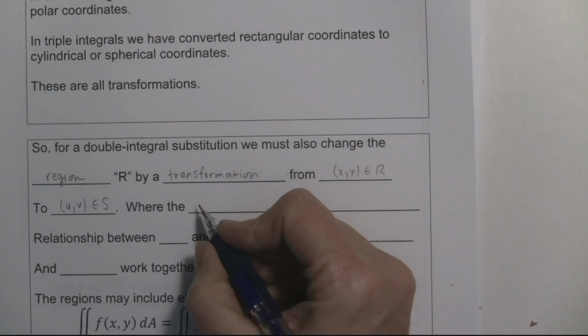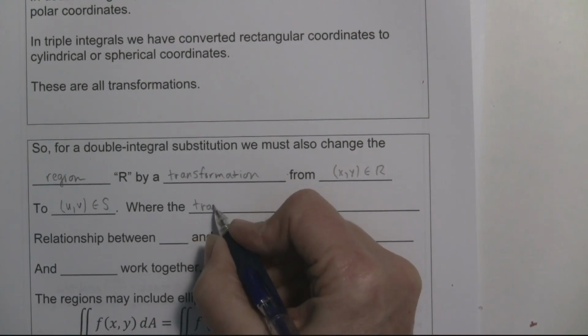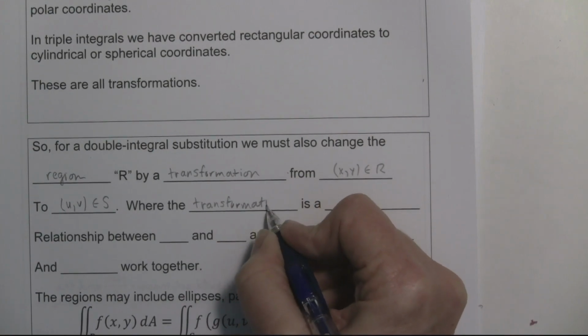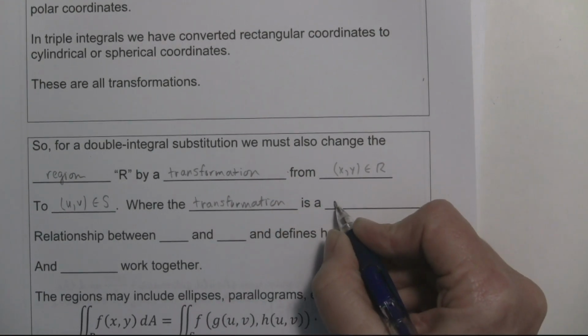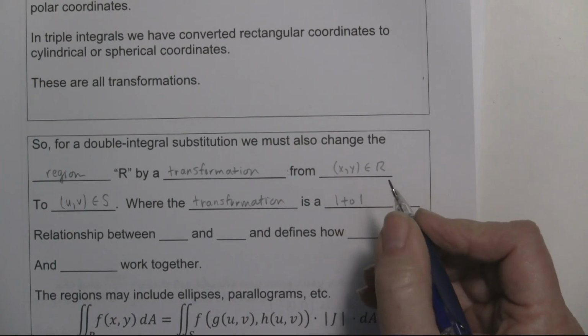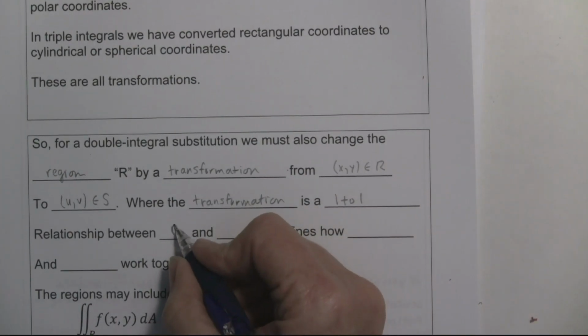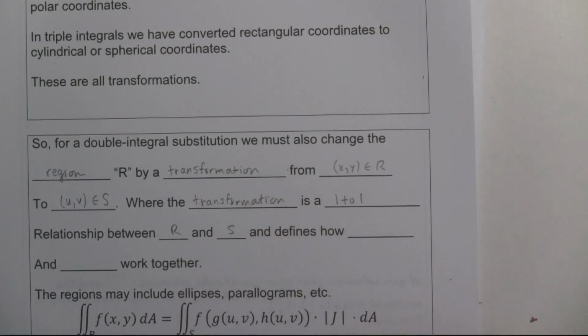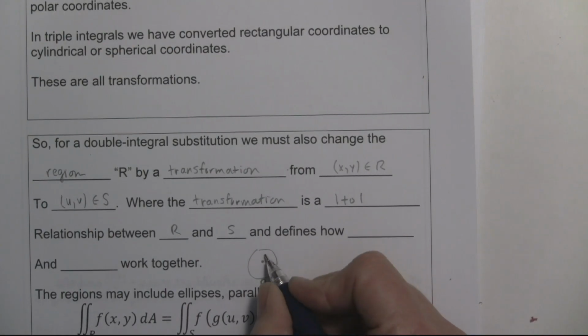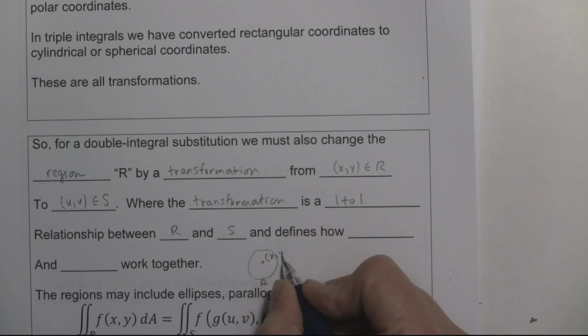And the thing about this transformation is that there is a one-to-one relationship between R and S. So it gives us this relationship between R and S, and I can kind of draw this relationship. You have a point right here in R, and that point looks like (x, y).